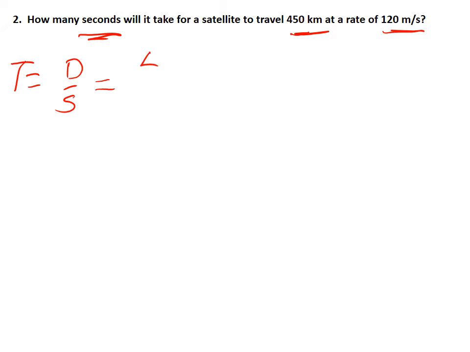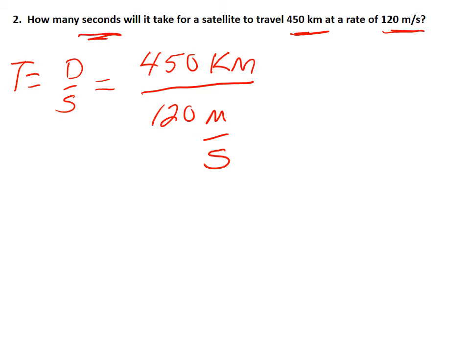The distance is 456 kilometers, but the speed is 120 meters per second. So the problem we have here is we've got mixed units of distance, kilometers and meters.